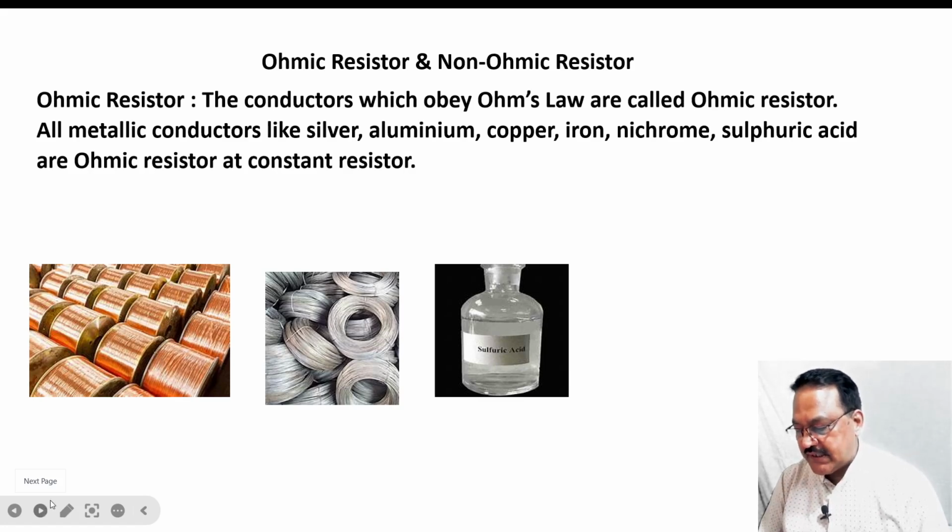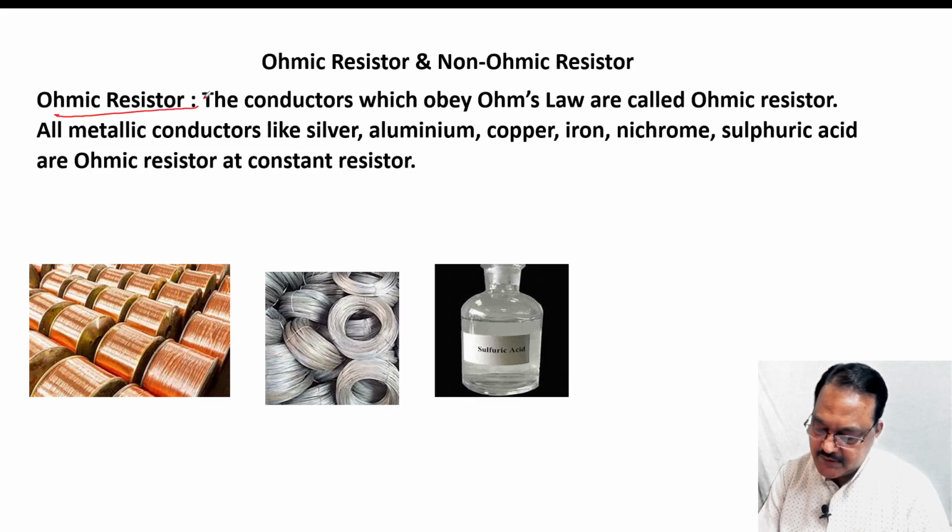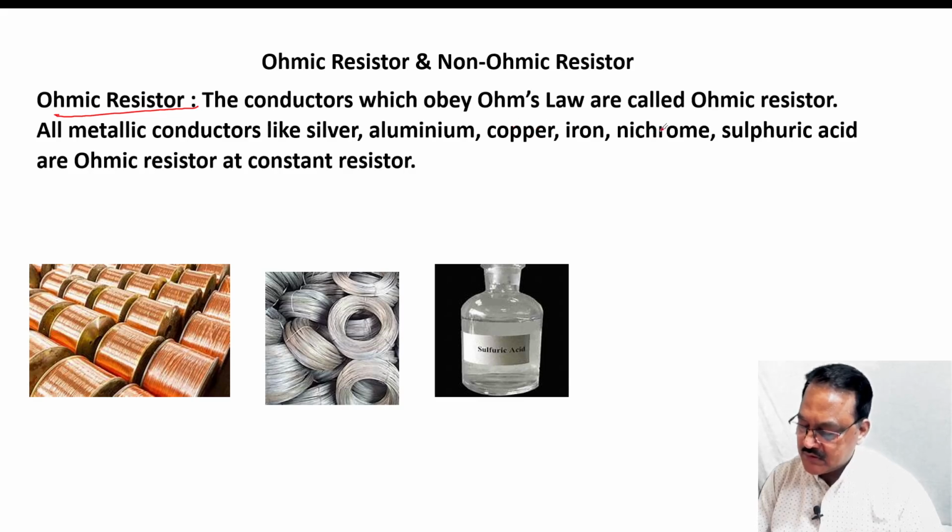First is ohmic resistor and non-ohmic resistor. What is ohmic resistor? It is here given also. The conductors which obey Ohm's law are called ohmic resistor. Means any conductor which follows Ohm's law will be called an ohmic resistor.